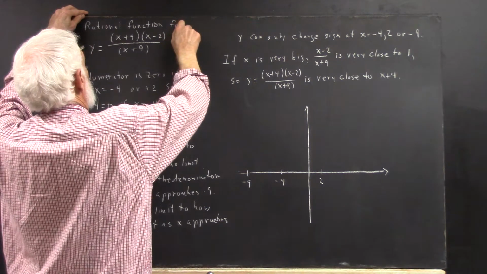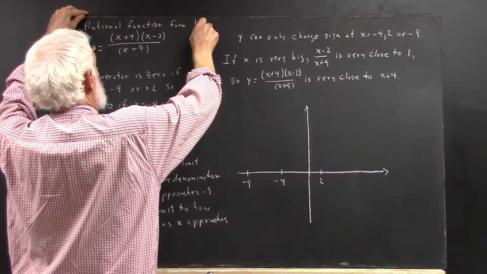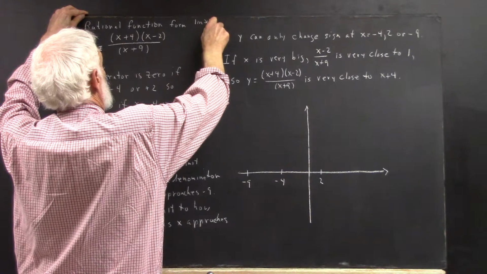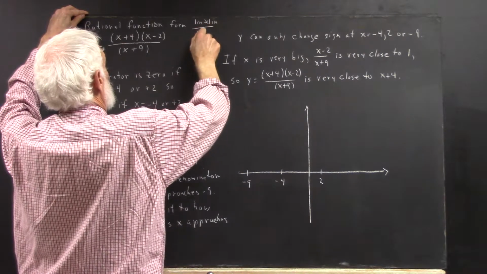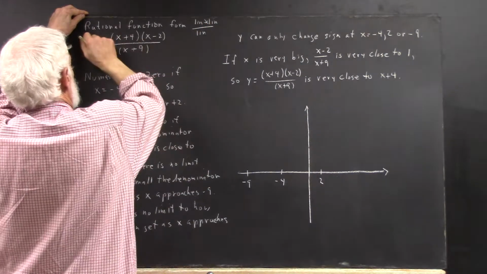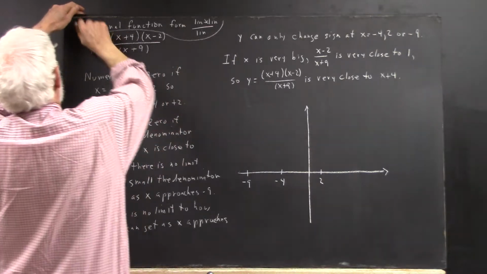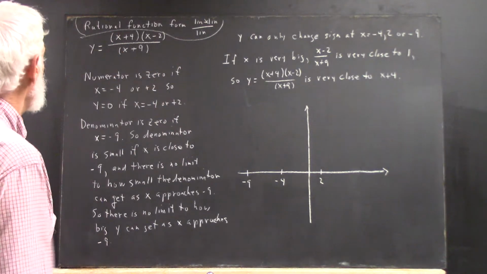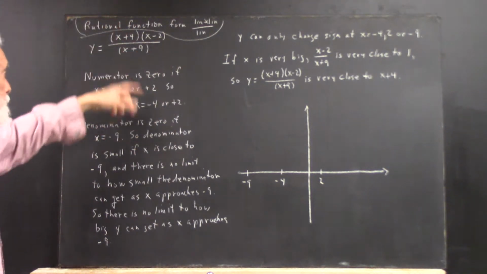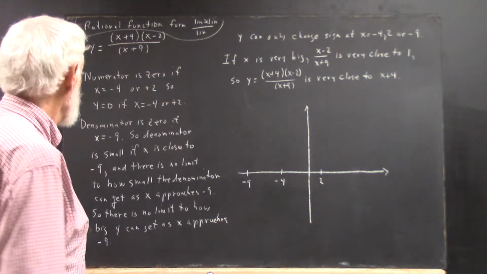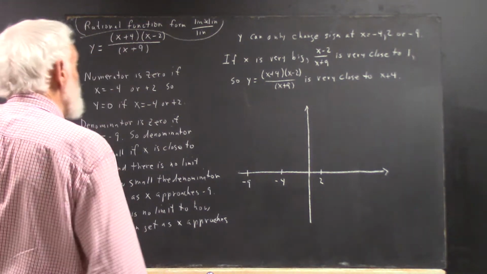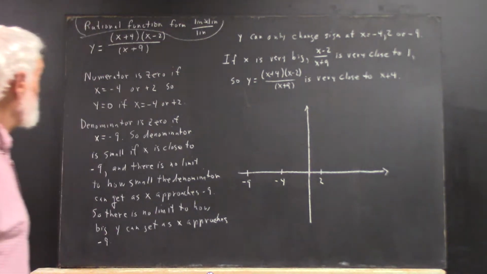So I'm going to say the form of this function is linear times linear divided by linear. It's just one example. You can put any numbers in here you want. You can put a coefficient in front of x, whatever.